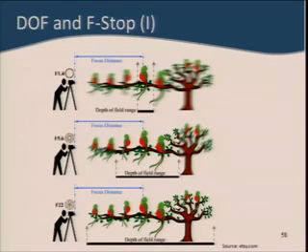As opposed to that, if you use a large f-stop number, then your aperture opening will be small, and your depth of field will be large. So you can see in this case, the whole scene appears to be sharp, as opposed to this case, where only this particular bird is sharp and the rest appears blurred. This is a demonstration.